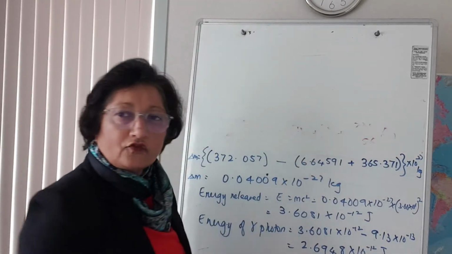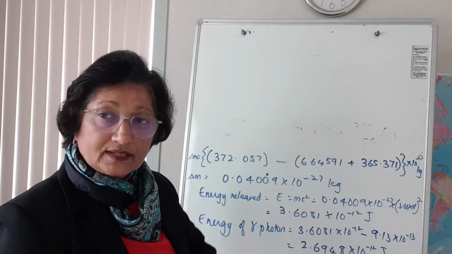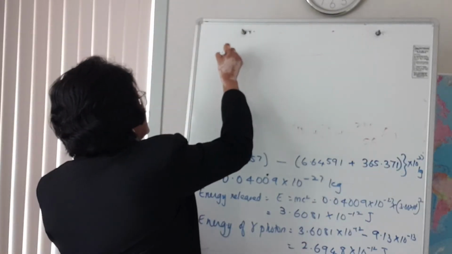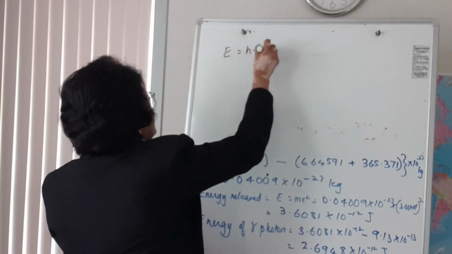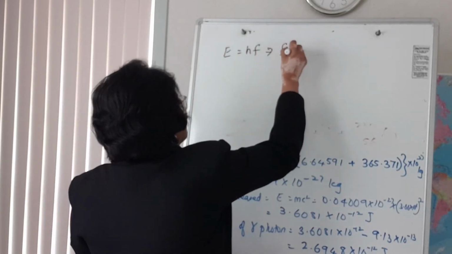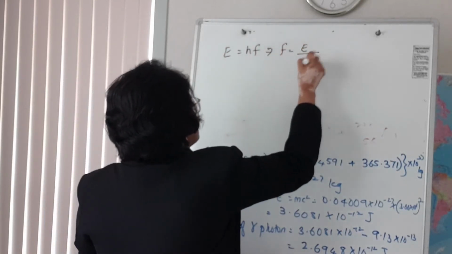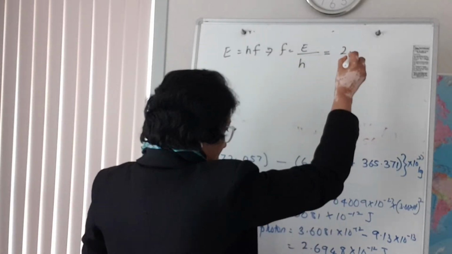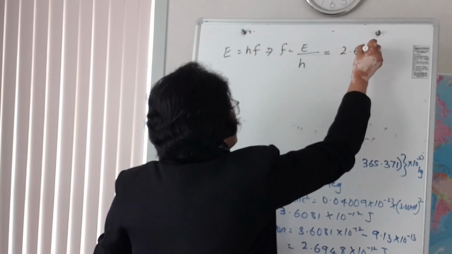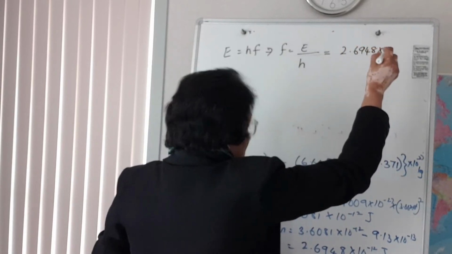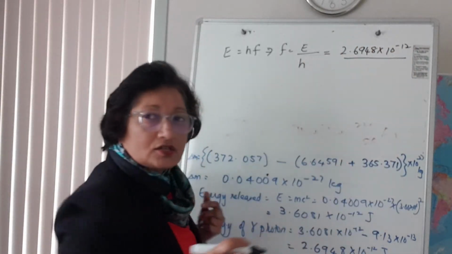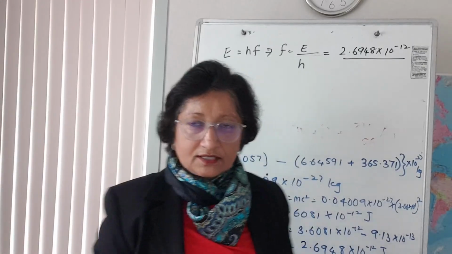So the energy of a photon is linked to its frequency by the formula E equals hf. So you get E equals hf, or f is equal to E over h, and my E is this number, 2.6948 times 10 to the power of negative 12, and h is what is called Planck's constant.